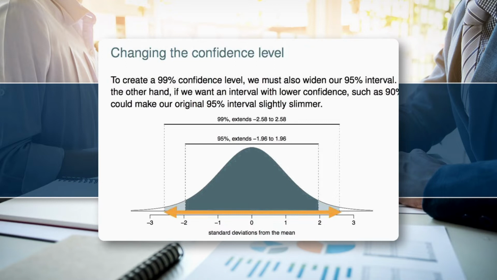On the other hand, if we want an interval with lower confidence such as 90%, we could make our original 95% interval slightly slimmer. In this image, 99% extends from minus 2.58 to plus 2.58 and 95% extends from minus 1.96 to 1.96. This is the way by which we see the confidence level of any sample we have taken.